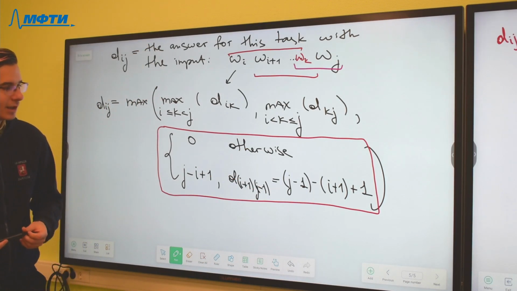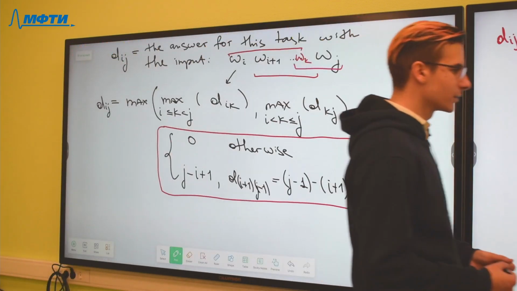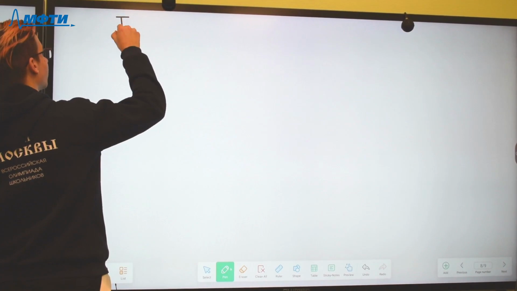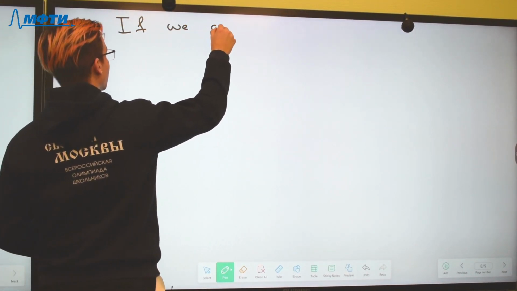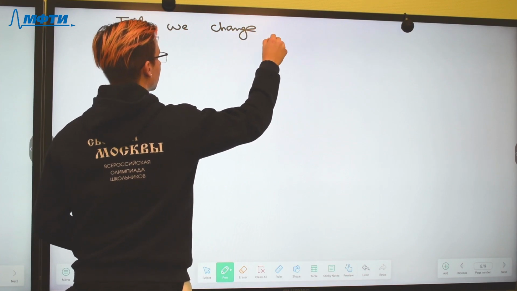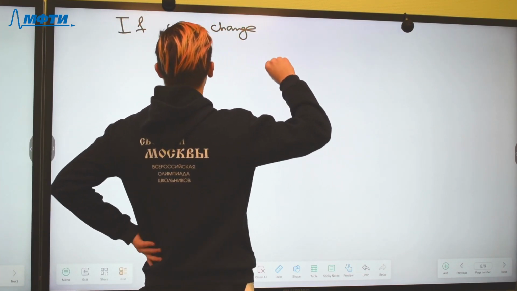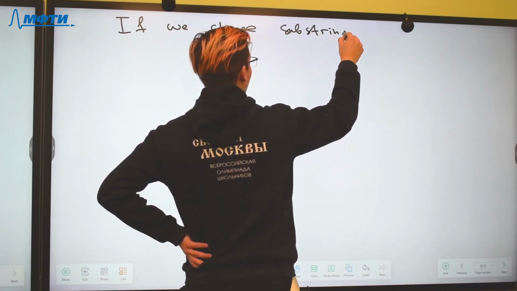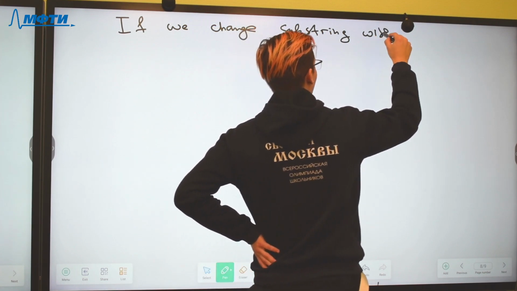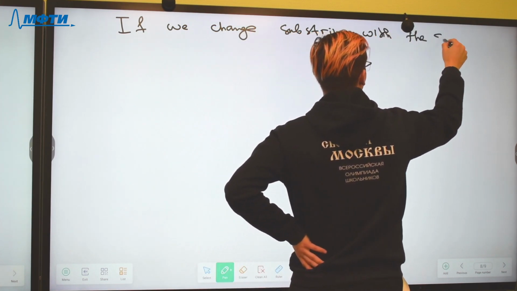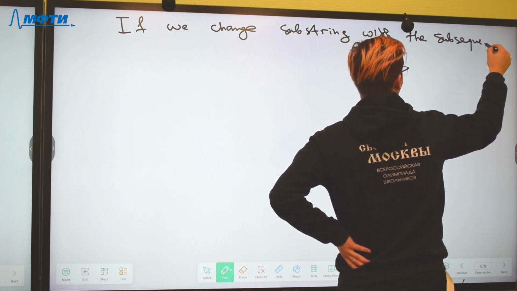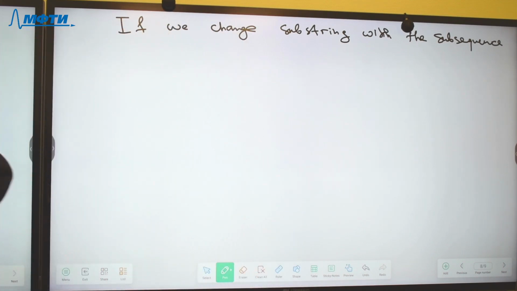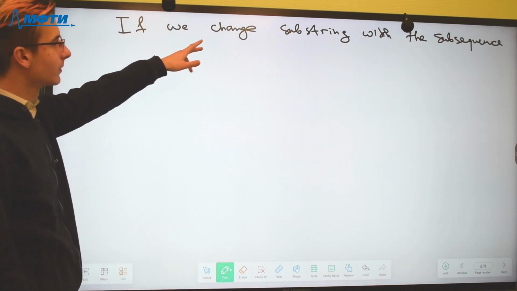But, for example, imagine that we change substring with subsequence.